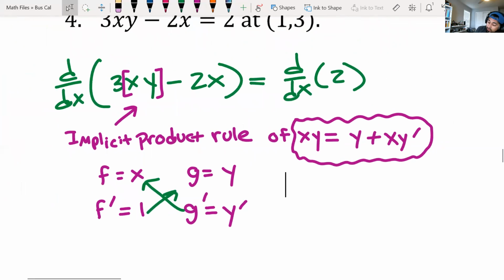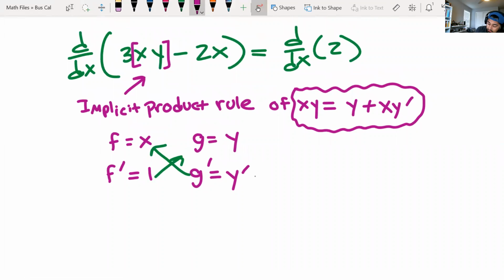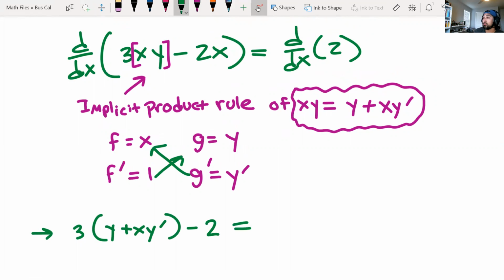Which means we can now move on with our derivative. So that 3 is out front. So you have 3 times the implicit product rule, y plus xy prime, minus the derivative of 2x, which is just 2, equal to the derivative of 2, which is 0.